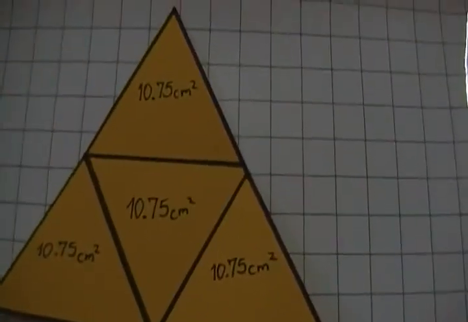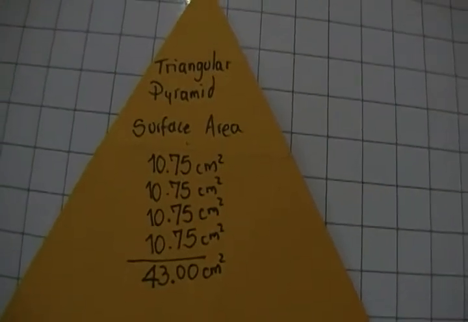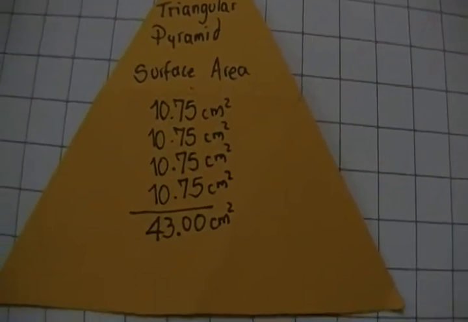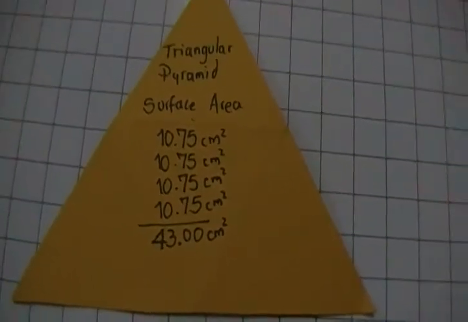pyramid, basically we just have to add the area of 4 triangles. So to get the surface area of this triangular pyramid that was done specifically in class, if we put together the areas of the 4 triangles, we get a result of 43 square centimeters.